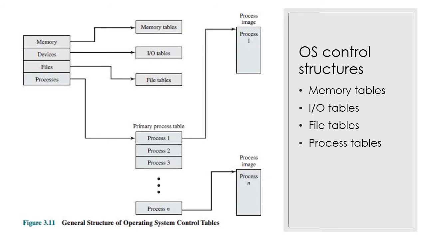If the process image spans multiple blocks, the entry in the primary process table may have a pointer for each block, or it may simply cross-reference to the memory table entry for this process. So this concludes our discussion about process location.